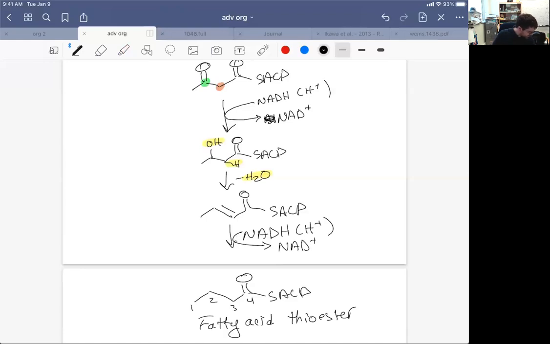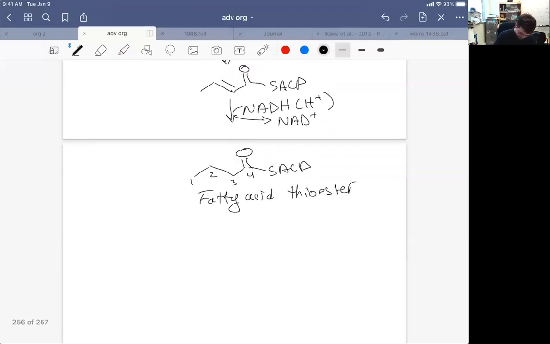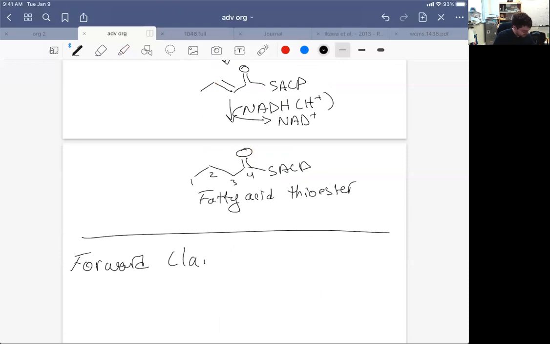So let me just find where they talk about that so I can get some enzyme details. I guess we went through the arrows a little bit. But the forward Claisen reaction looks like this. Really disappointed. Oh, it's just right there.